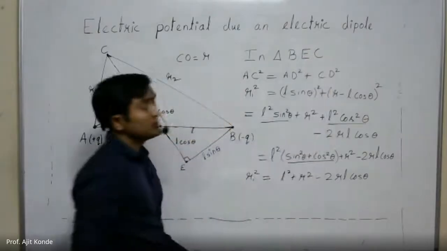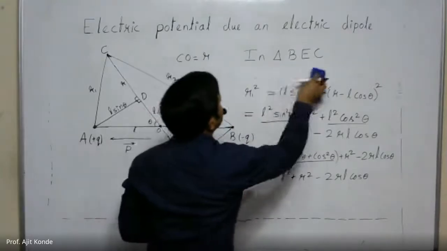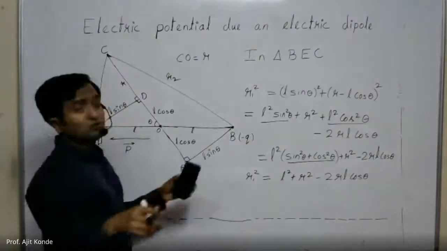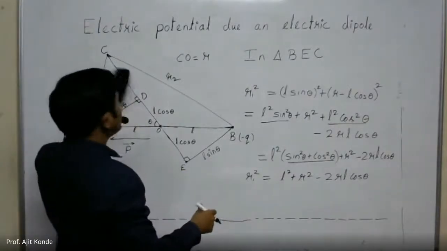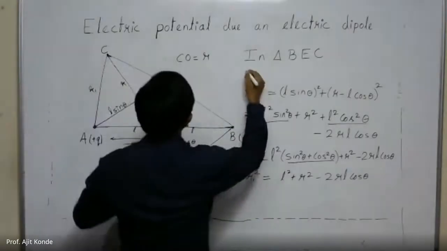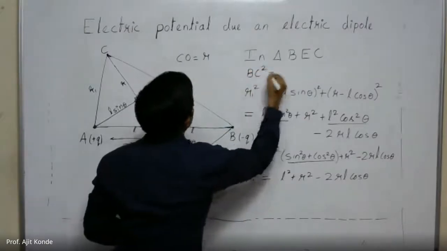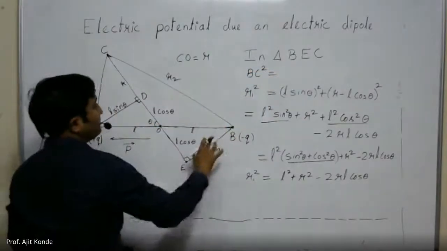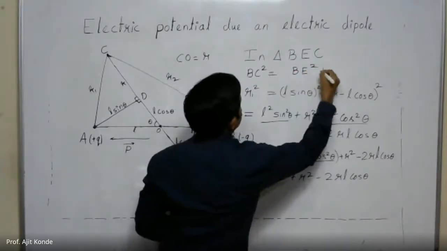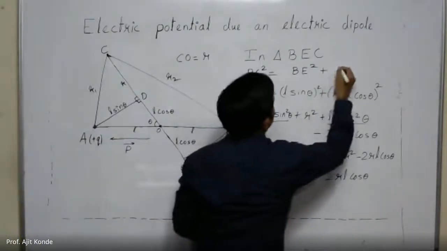According to the Pythagoras theorem, over here, see this is perpendicular, hypotenuse. BC square is equal to BE square plus CE square.